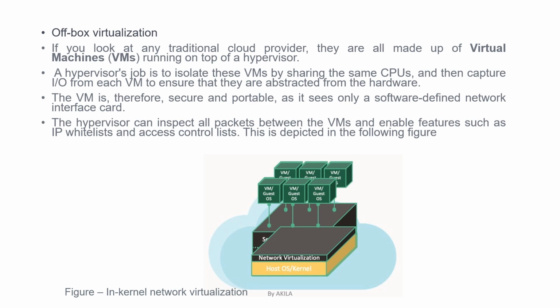That way the off-box virtualization is shown, which means that we are separating our network virtualization from the guest OS. So the host OS is here, then the guest OS, and within that, multiple apps can be deployed and run.